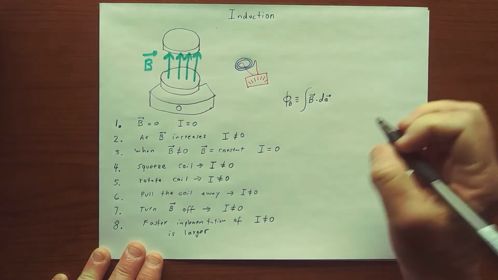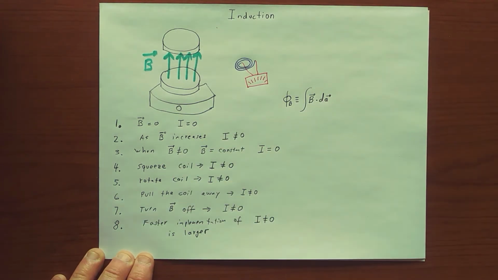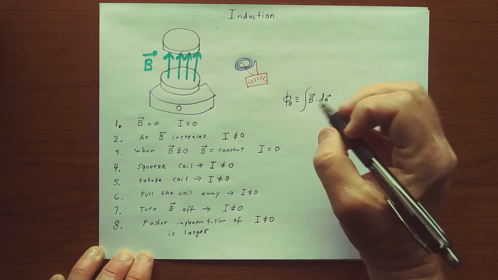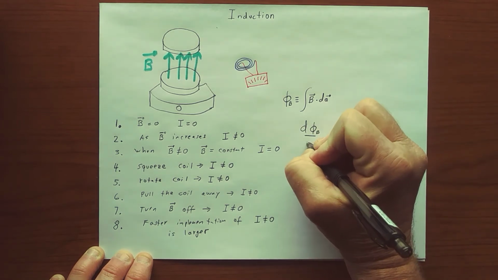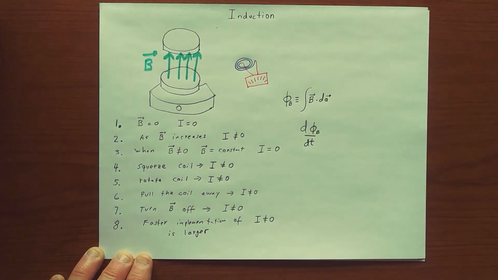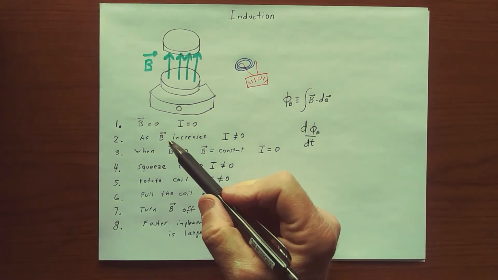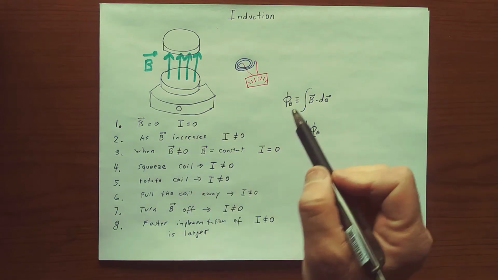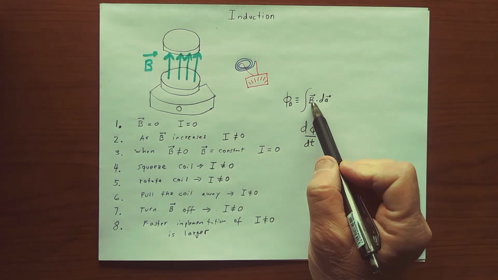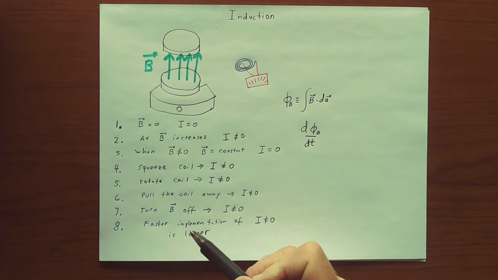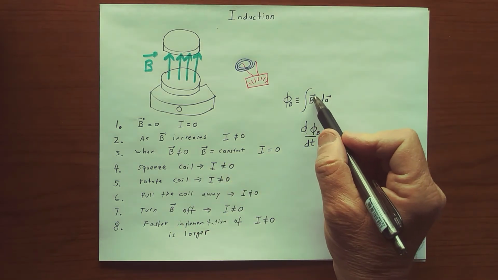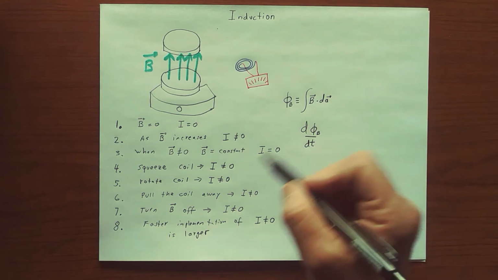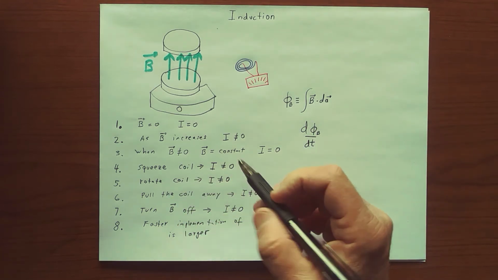So this is magnetic flux by definition. And what we notice here is that in situations where the magnetic flux changes in time, that leads to a current. So we can change the flux by increasing the value of B or decreasing the value of B, as we do further down. Right, so we change B. We can squeeze or stretch the coil.